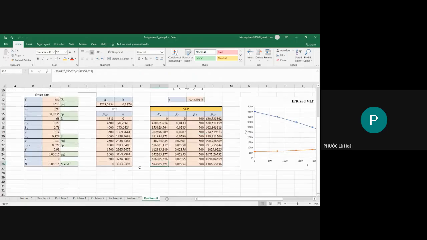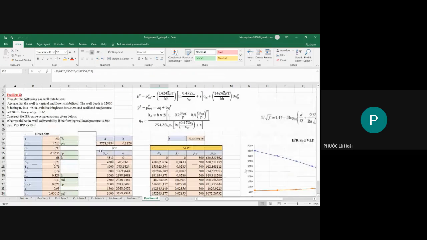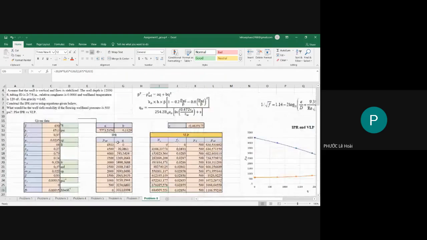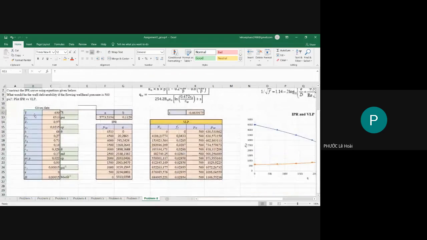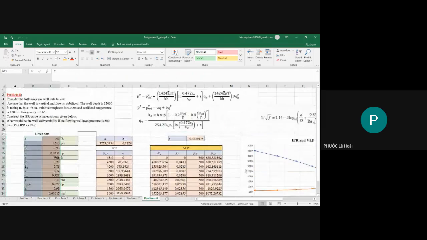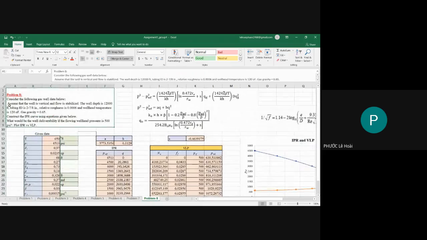And for the final problem 8, we will have not so much given data here. So the requirement is to plot both IPR and VLP in the same graph.